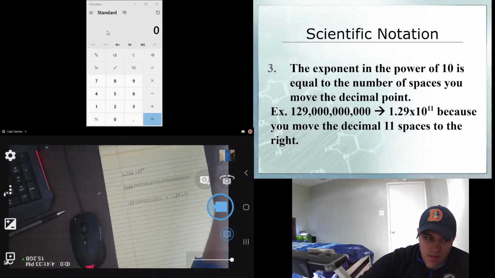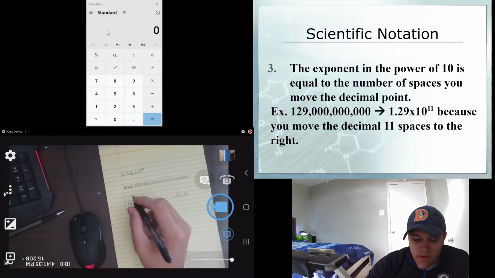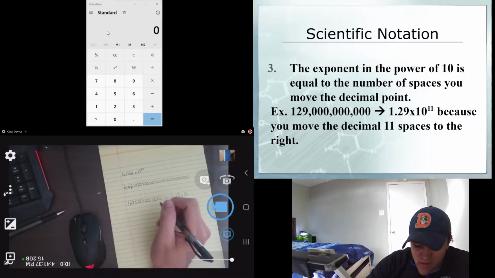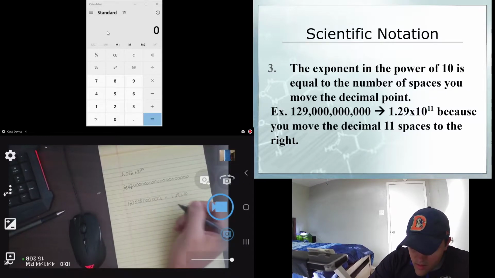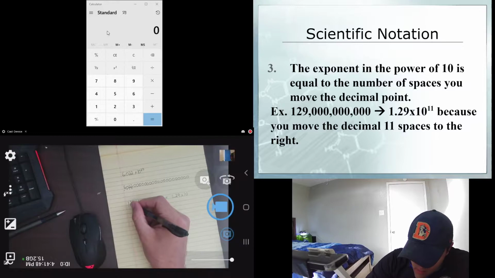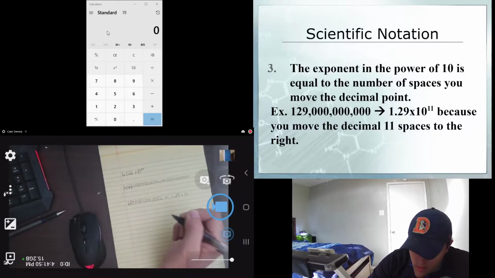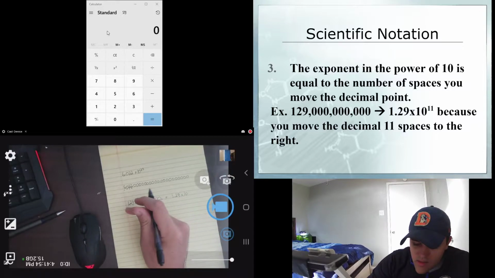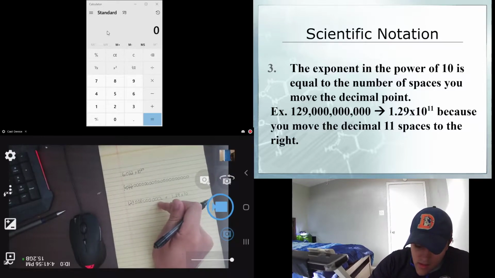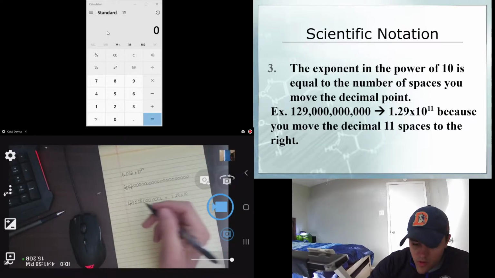All scientific notation is going to be times 10 to the power of something. And that something is what you determine by figuring out how many places you have to move the decimal. So originally, in our big number, the decimal point is all the way here at the end. And when we've written it, it's all the way over here between the 1 and the 2. So how many spots are between here and here is what we need to count to figure out what our power is going to be.